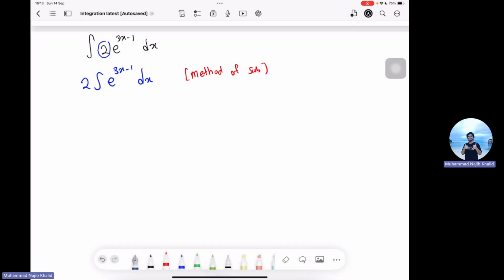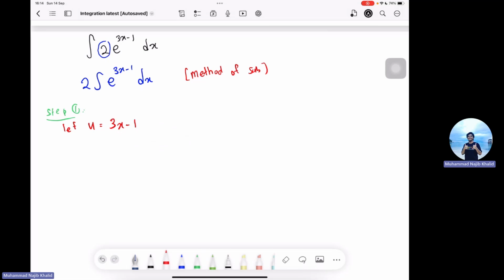Remember step 1, we need to pick u. For the e function, in most cases u is the power of e. So we pick u: let u equal 3x minus 1.